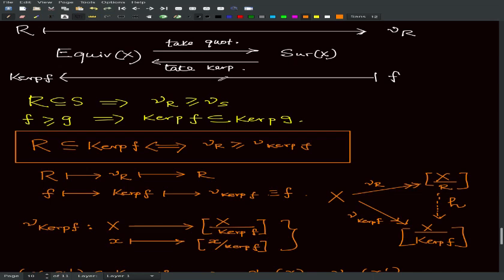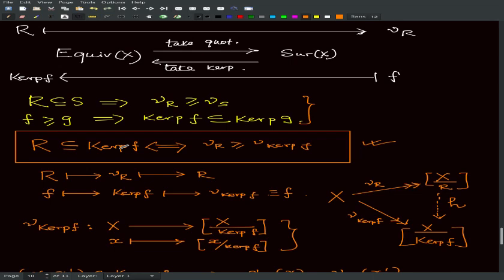Moreover, it satisfies this condition, which is actually a convenient abbreviation of these two conditions, right? So this is the crux. So that's why this is the summary of the whole situation.